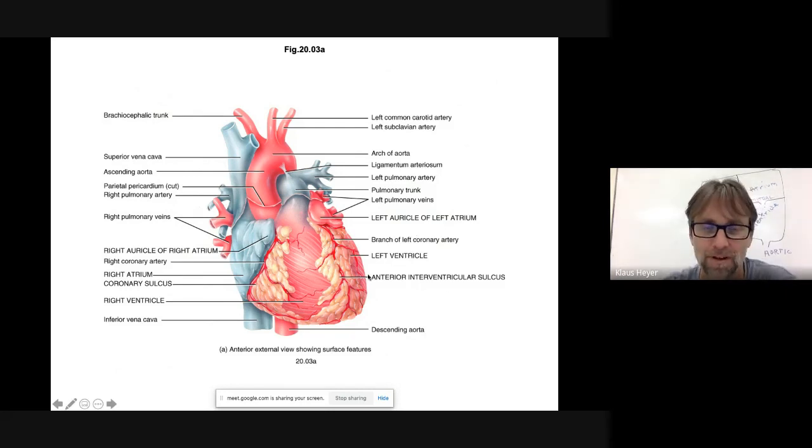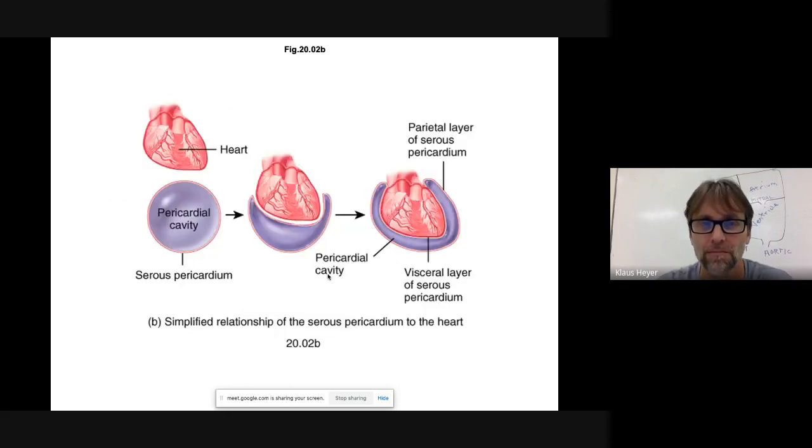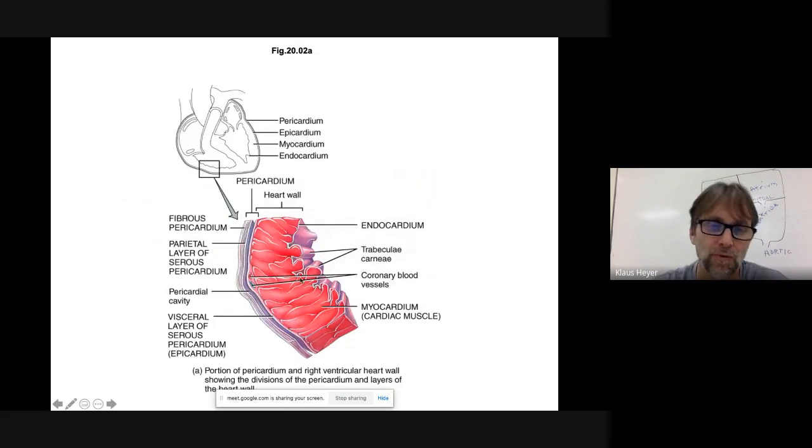So there's a sac around your heart. It's not just sitting there like they show on TV. It's called the pericardium. That's what this thing is supposed to represent. So there's a pericardium around your heart, and it's filled with pericardial fluid.